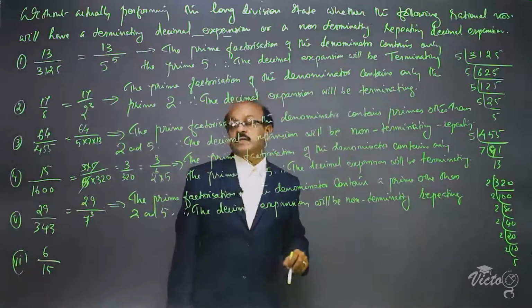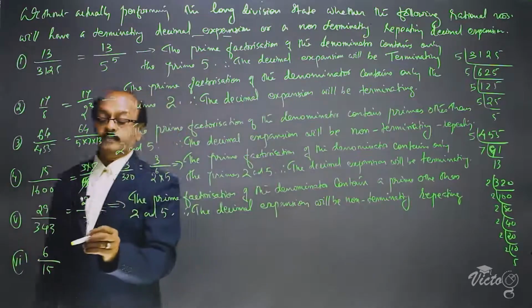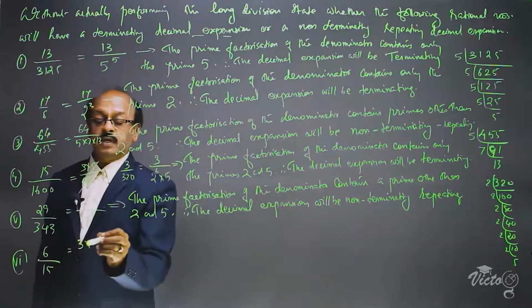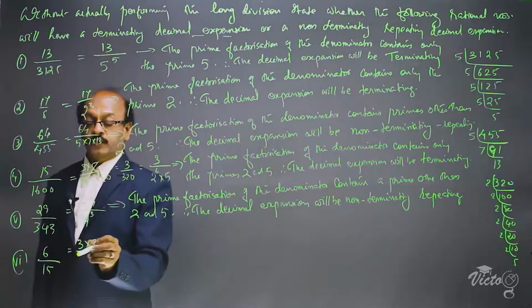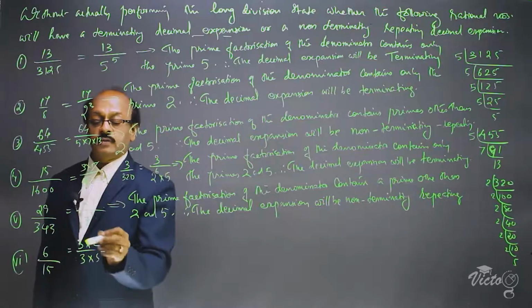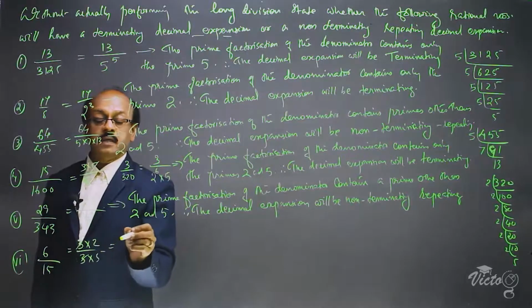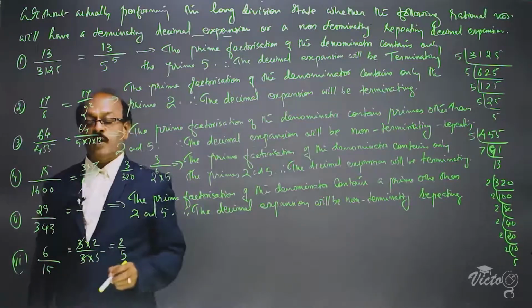Then the last one is 6 divided by 15. 6 is equal to 3 into 2 and 15 is equal to 3 into 5. This 3 and 3 get cancelled. Then the remaining is 2 by 5.